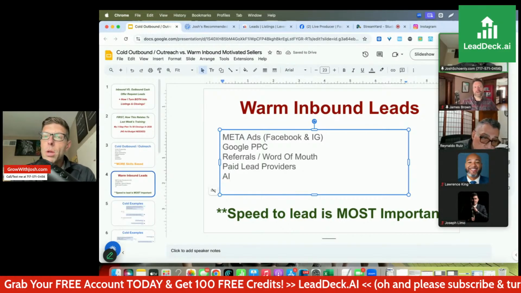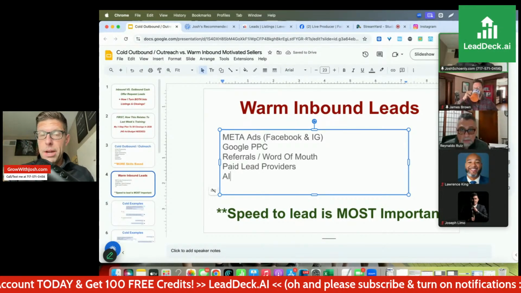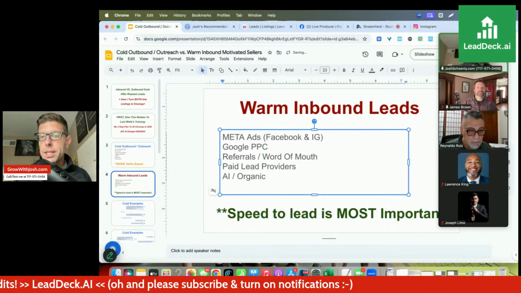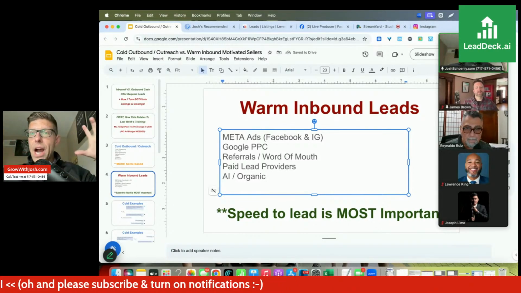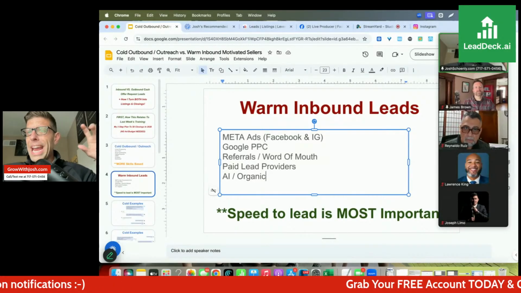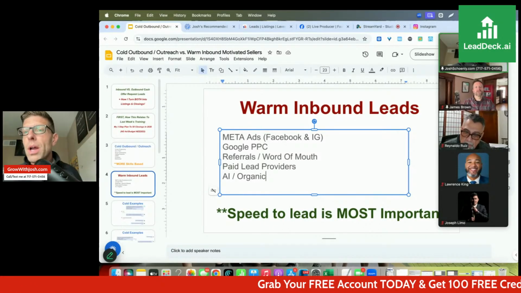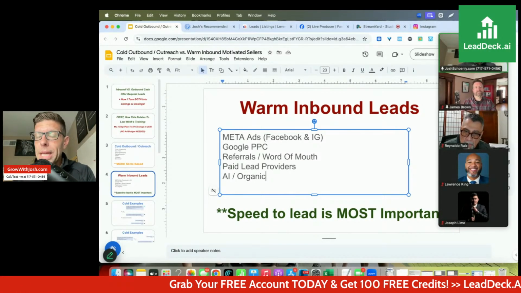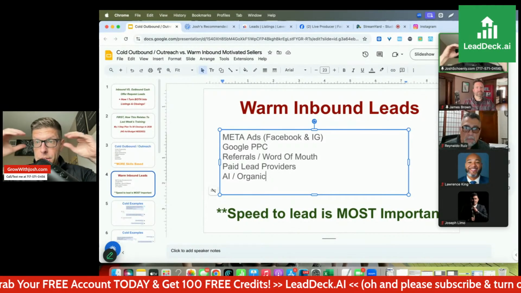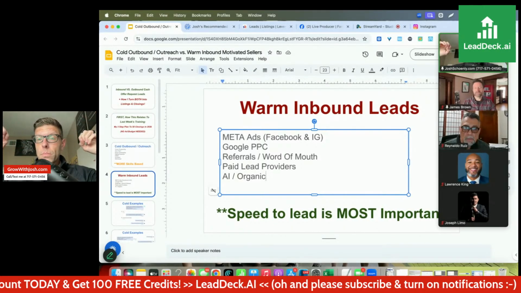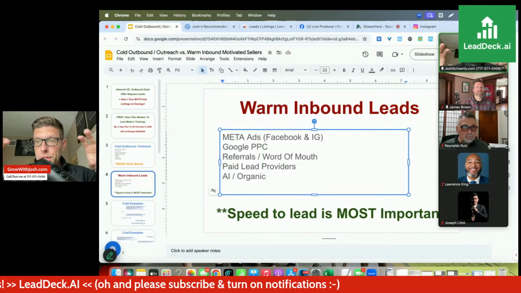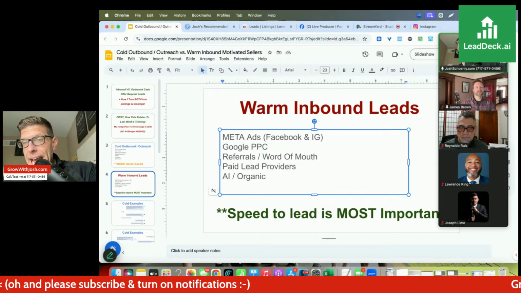AI. Well, actually, here's how we'll cover that. AI/organic, so AIO, instead of SEO or AEO, is it AEO? I don't know, but you can get warm inbound by positioning yourself as someone that shows up organically when someone goes into Google and searches sell my home fast for cash, right?